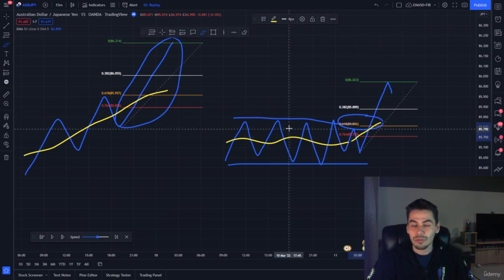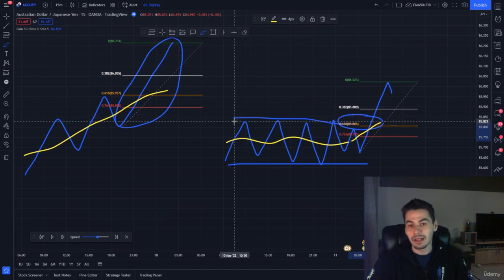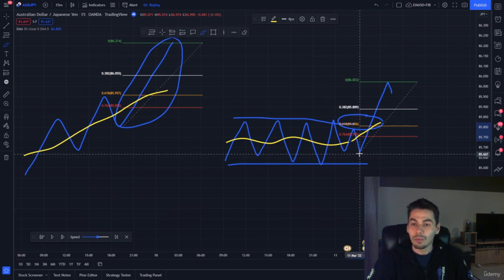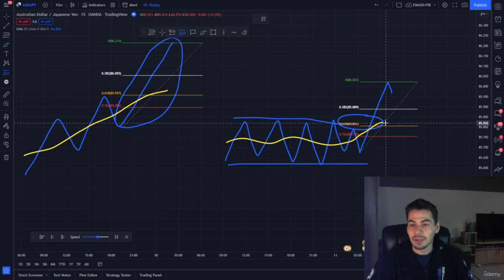Now in this case, for our entry, we have to identify the level of structure that was broken and see if we have any confluences with the fib that we drew and with the EMA. So let's take this optimal example.